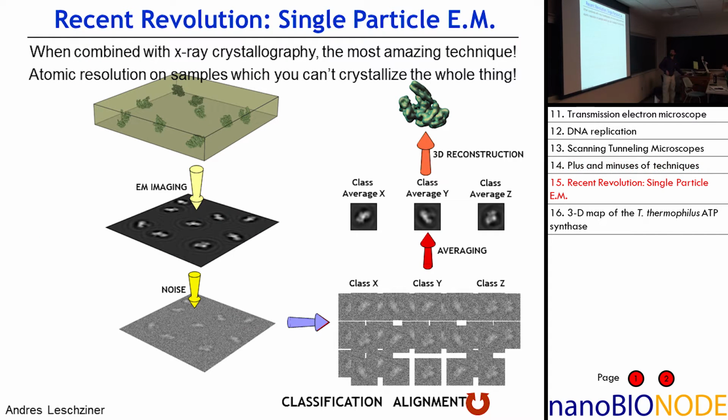Okay, so the recent revolution is doing cryo-EM. What happens is you have an image of something, and you take an image. There's inherently a lot of noise, so they do all sorts of image processing, which I won't really go into.